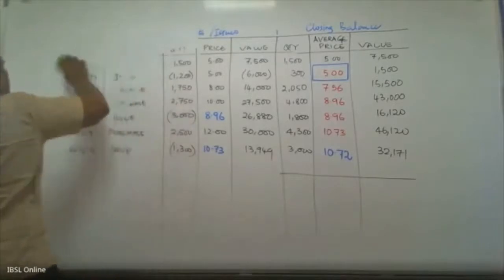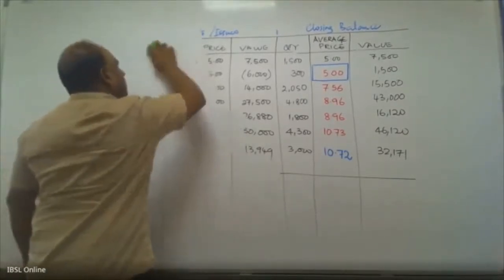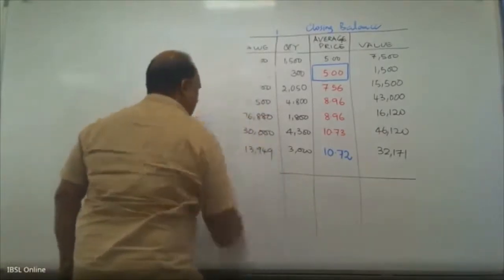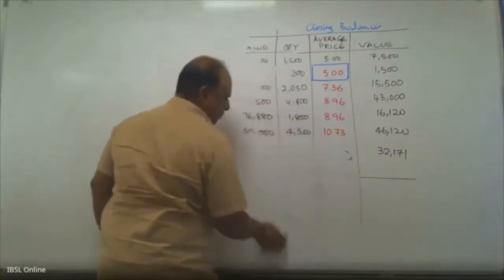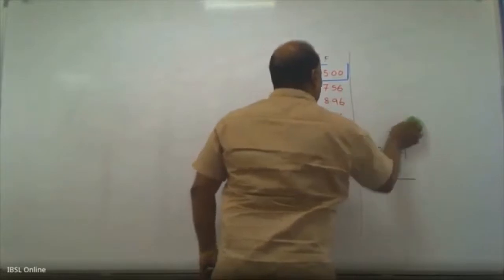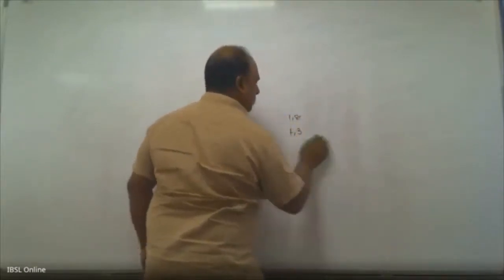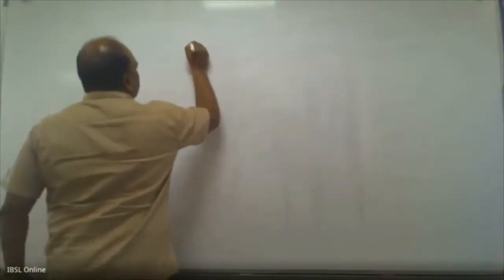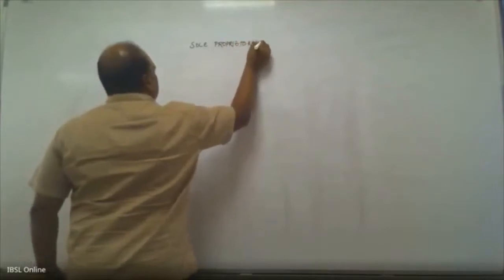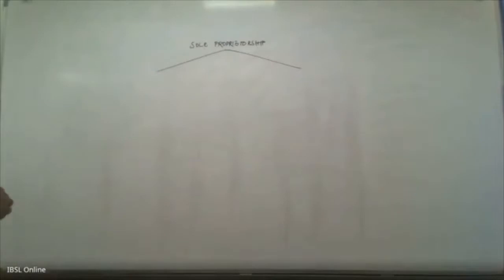Let's look at the board. The sole proprietor business, so you know the profitability or the income statement, we call it as the income statement.